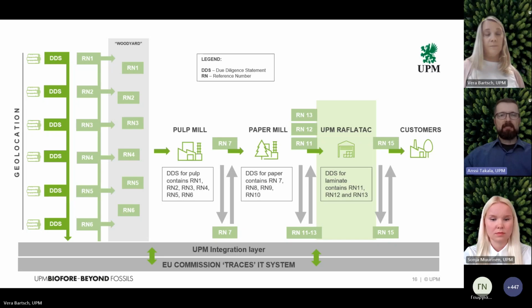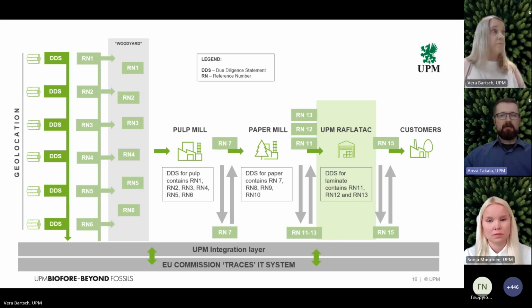Every link in the chain receives DDS references from their vendor and then uses received products with their respective references in production process. Raflatac will do exactly this. We receive the reference numbers from our vendors with raw material deliveries. And then when we ship onwards to you, we will again generate new reference numbers.